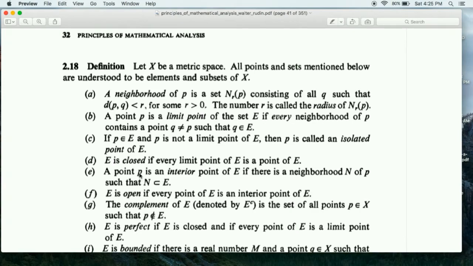A point P is called an interior point if there exists a neighborhood of that point such that the neighborhood totally belongs to the set E. So an interior point is something which has a ball, a neighborhood around that point, which wholly lies inside the set.